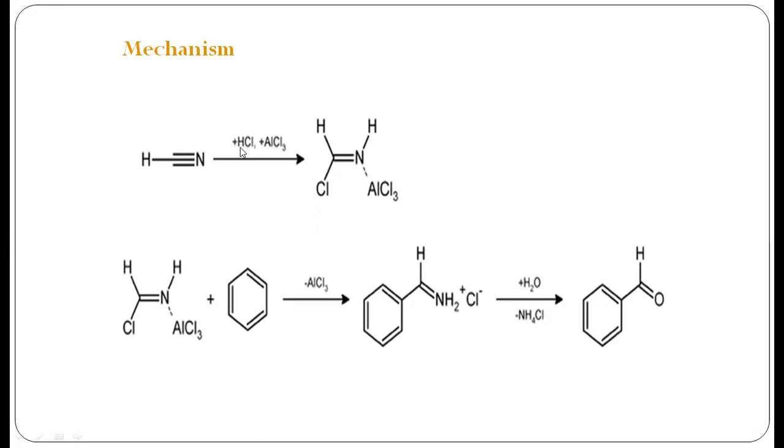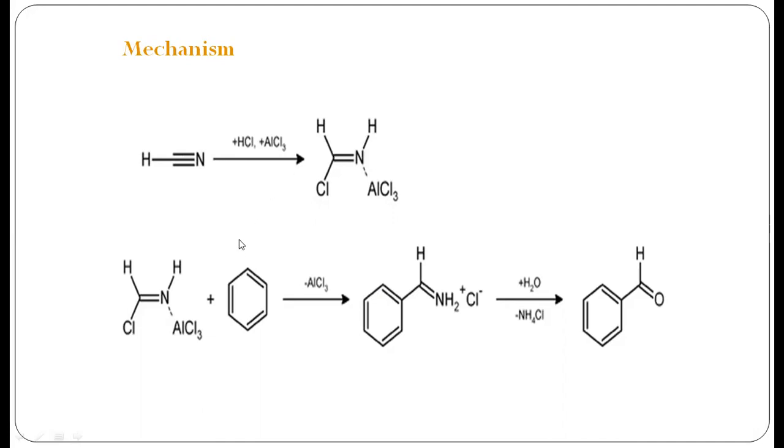So nitrogen donates electrons and forms a bond with Al. Because the pi bond electrons shift to nitrogen, the carbon gets a partial positive charge. At the same time, Cl attacks here, so this compound will be formed.